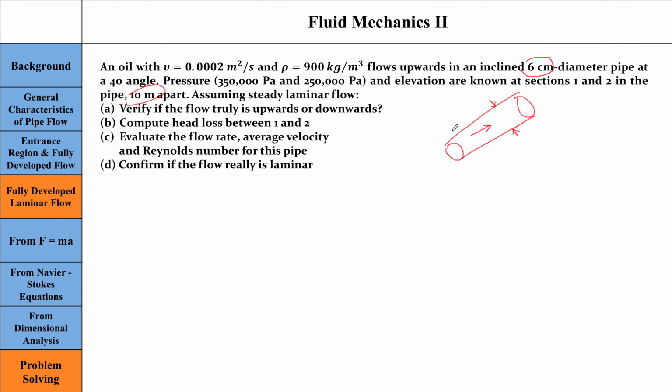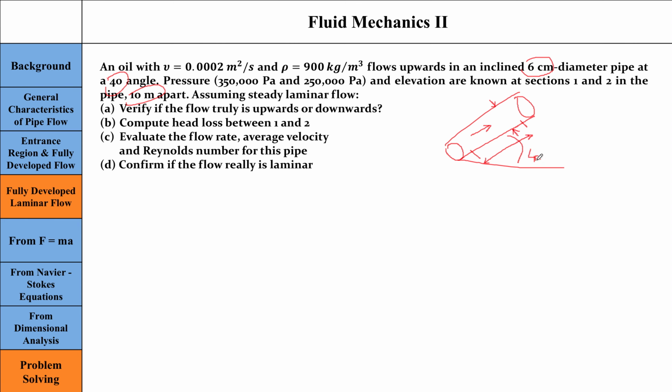So basically Z2 minus Z1 is given to me. I can take section 1 somewhere here, section 2 here. So Z2 minus Z1 is 10 meters apart. It's also given that this pipe is at a 40 degrees angle. So this is the angle, 40 degrees.